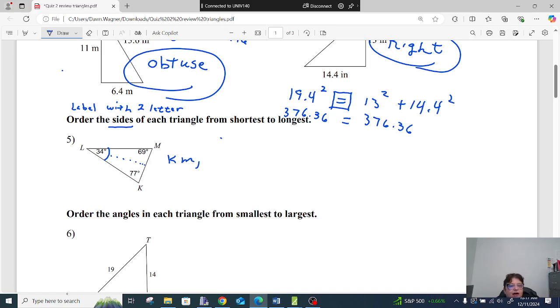And then across from the middle one, 69, thank you, Jay, LK. You're going across. This is LK. Oh, wait. Yeah, LK. And then the largest side would be across from the 77, LM. Right?